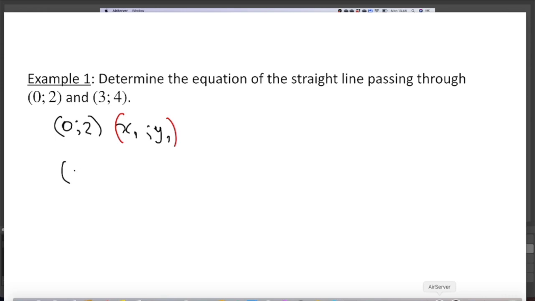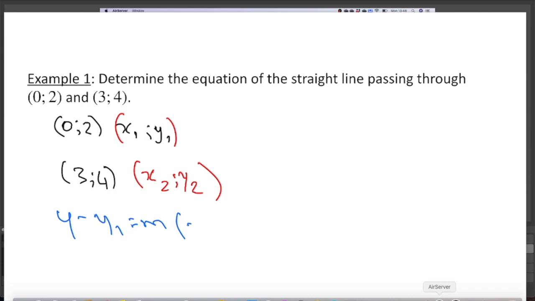And your other point 3, 4, you can make that one your x2, y2. Right. We are looking for the equation of the line, so we need to know definitely the gradient of the line. But we will be using the form y minus y1 is equal to m into x minus x1.